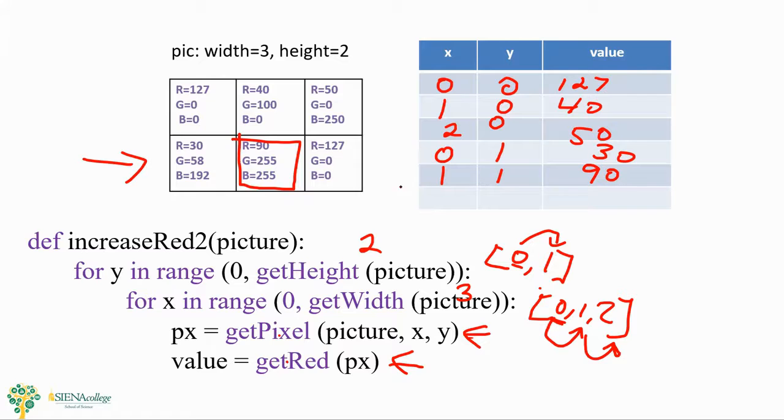Y does not yet change. It stays as 1. X goes to 2. Pixel 2, 1 is our bottom right. And the intensity of red goes into value, and that'll be 127. We've now exhausted the items in this list and exhausted the items in that list, so we're done with our looping.